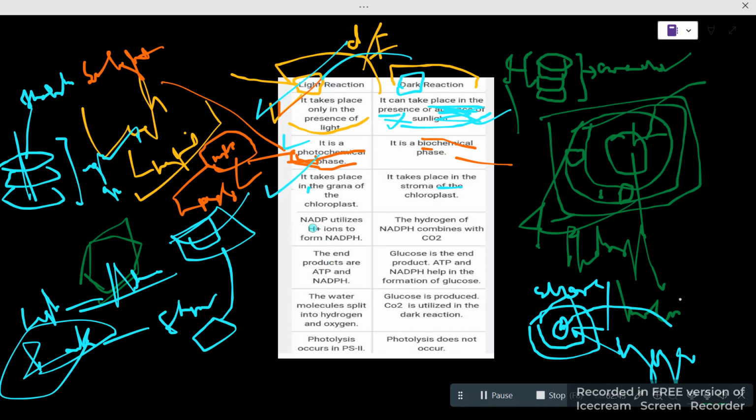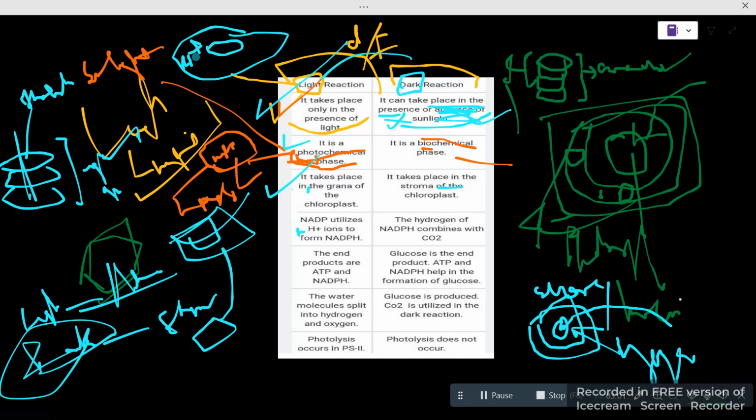Okay, then we have NADPH utilized, and the H positive ions. NADPH here is from the light reaction, in the grana or thylakoid. In the stroma, you will find H positive ions which are freely present.